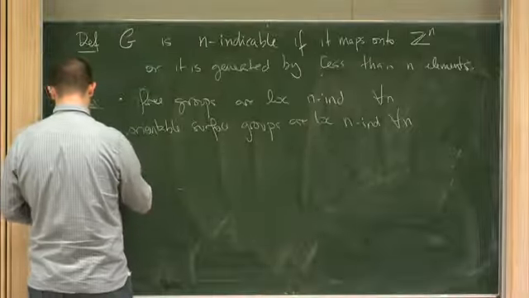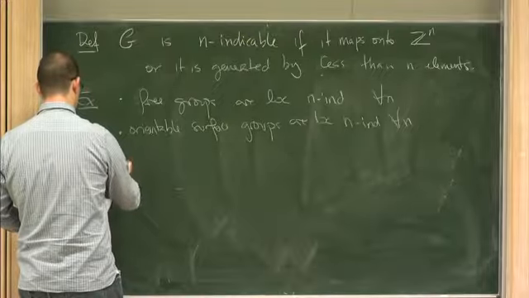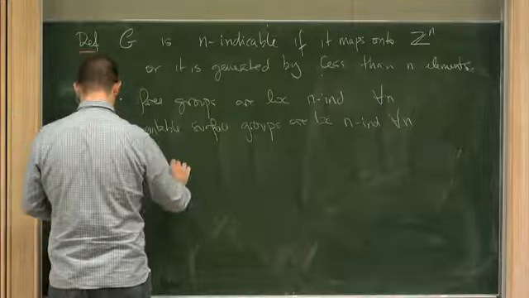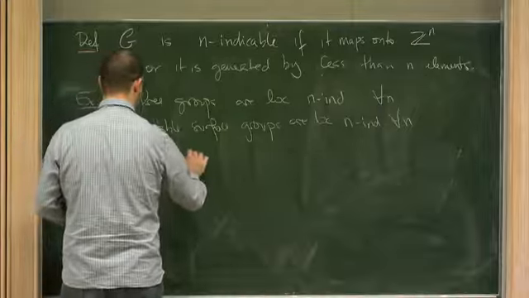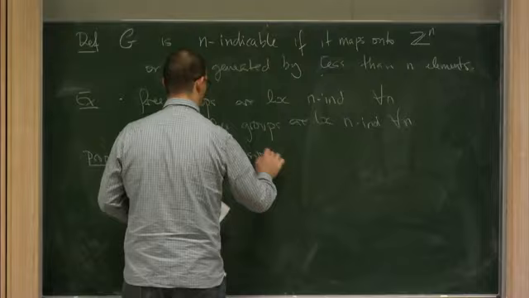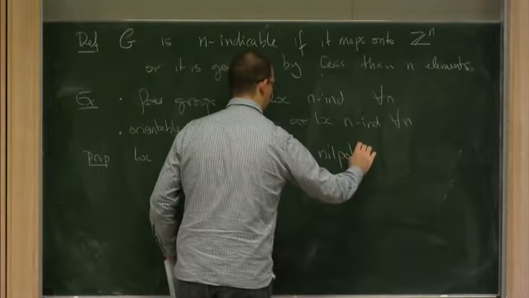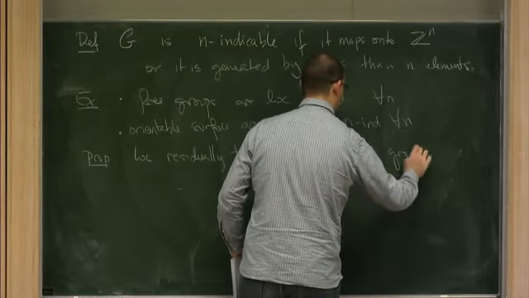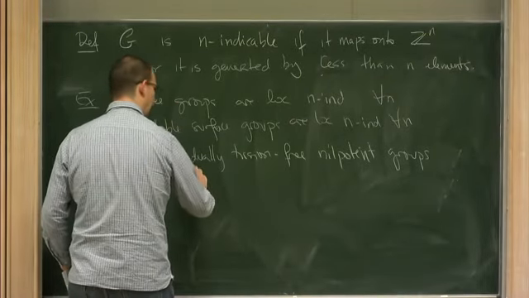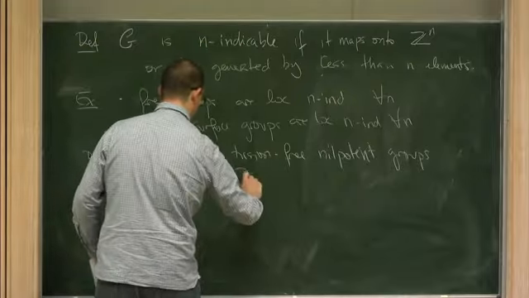Okay, so I guess this is a proposition that we prove: that residually torsion-free nilpotent groups are locally two-indicable.